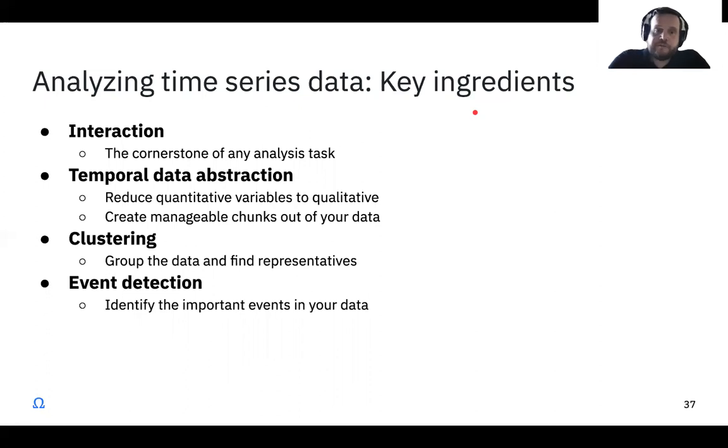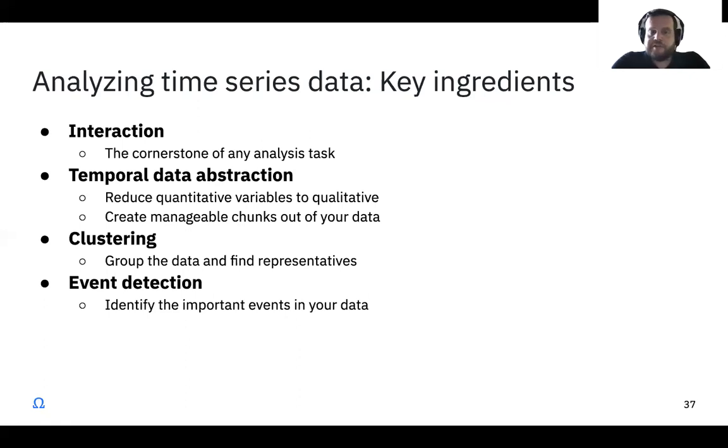So it's very useful to think about that. It's the cornerstone of any analysis and analytics task. Then we have what is called temporal data abstraction, which we're going to go over in a minute. It's way simpler than it sounds.